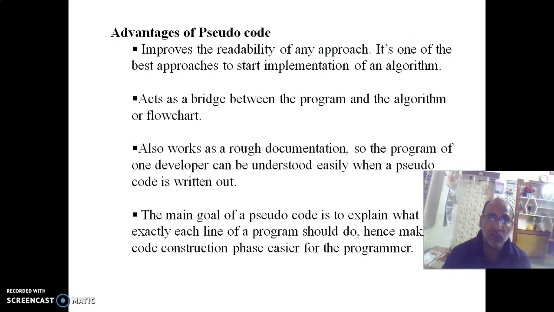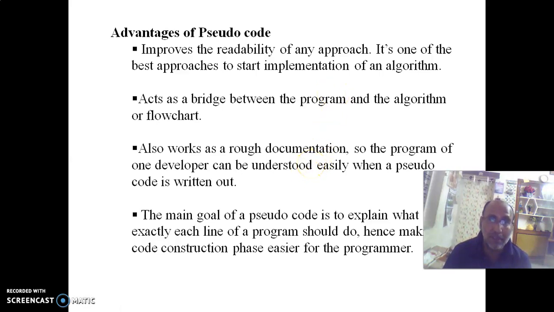The advantage of pseudocode is that it improves the readability of any approach. It is one of the best approaches to start implementation of an algorithm. It acts as a bridge between the program and the algorithm or flowchart.